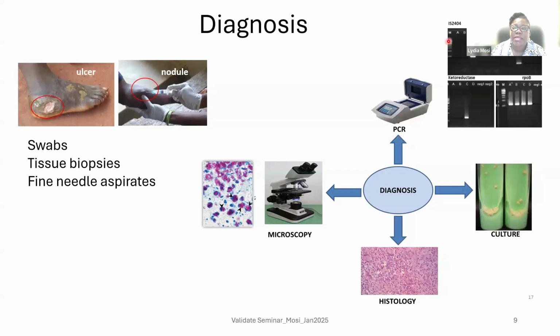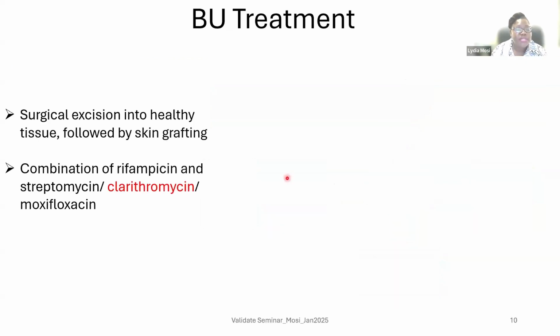And there are several markers which are used to identify the presence of the bacteria, including some insertion sequences and other genes which are responsible for making the core or the side chain of mycolactone, the toxin involved in pathogenesis.